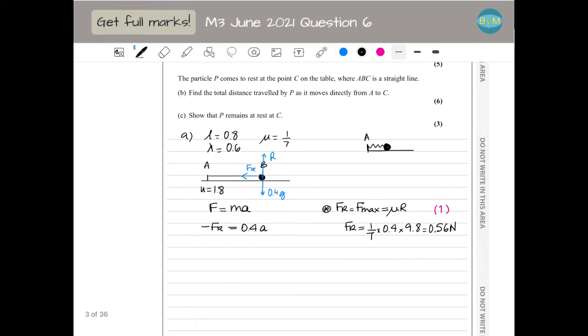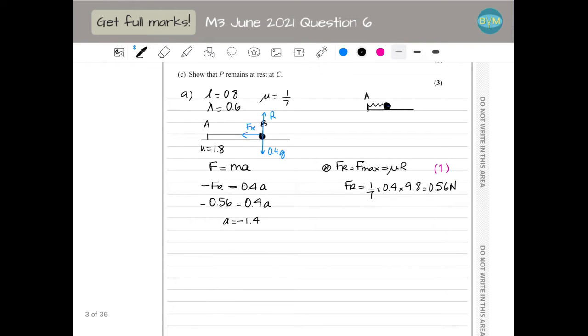When you have the friction, you can find the acceleration. So 0.56 equals 0.4 a, and that way the acceleration is going to be minus 1.4, which is deceleration because I have friction here and I don't have any force towards the other direction. So if I apply SUVAT to that bit, displacement from A to B is 0.8.